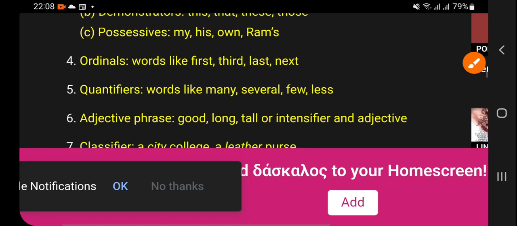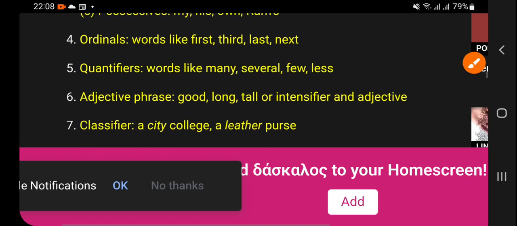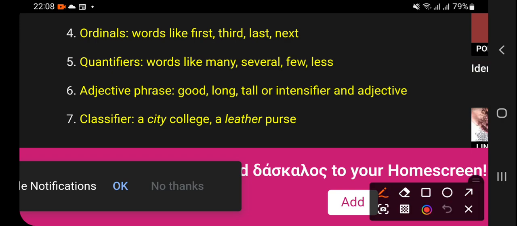Then possessives: my, his, own, her, hers. These are some of the examples. Now ordinal adjectives, ordinal, order: first, third, last, next.